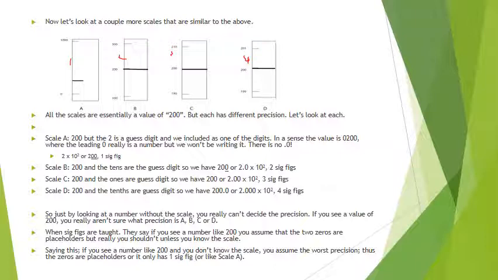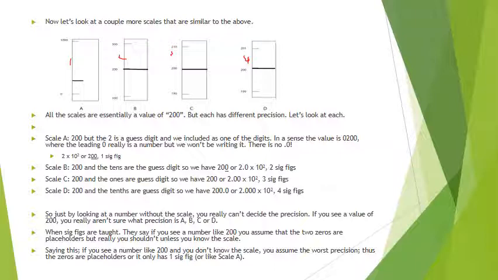And so I have a scale from 0 to 1,000. I have a scale that measures hundreds, and then one that measures tens, and then one that measures the ones. So all the scales should measure around 200, okay, because they're all measuring the same thing. But each scale has a different precision. So let's take a look.